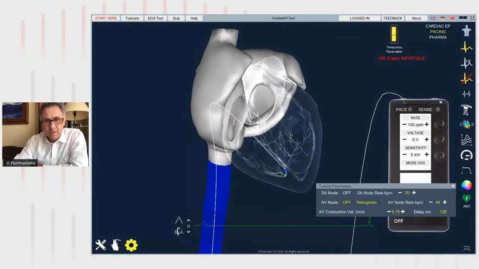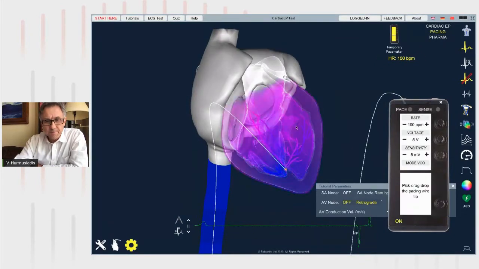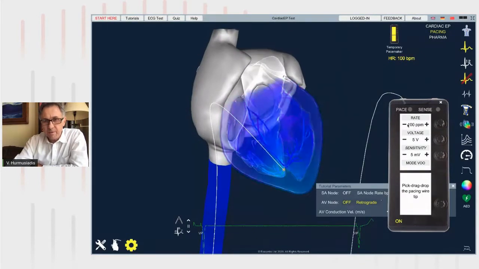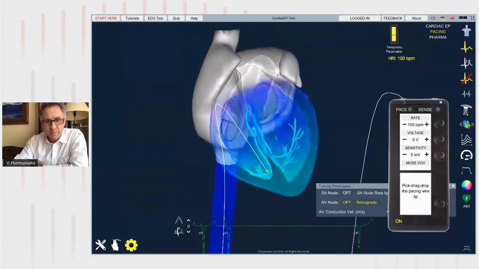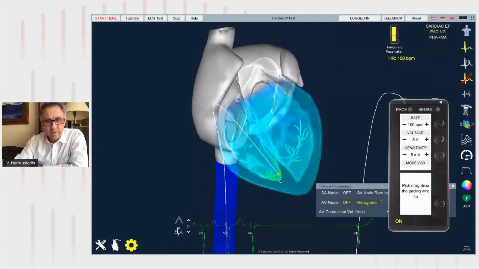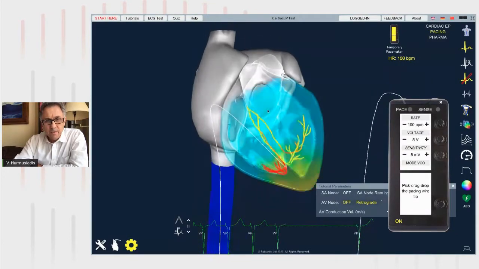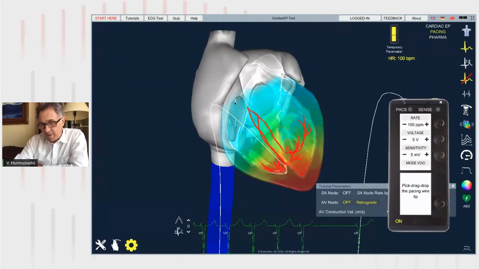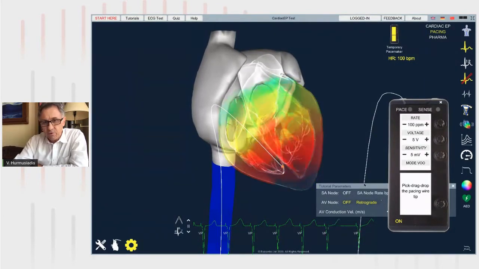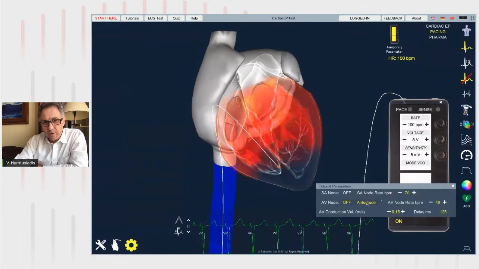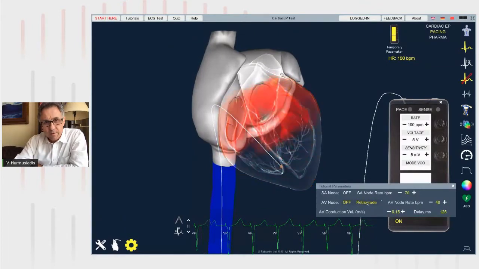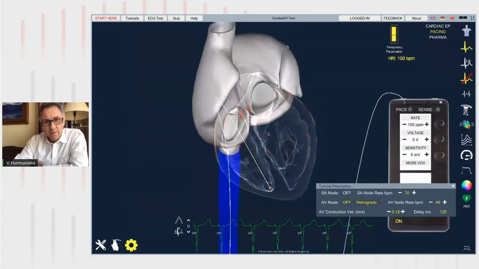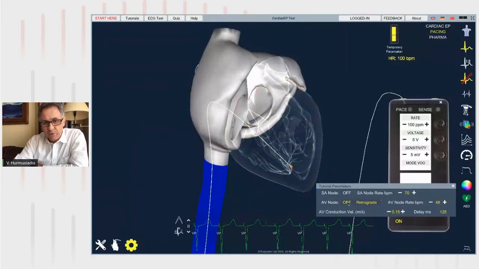Nothing. Now let's switch on the pacer. Now we're getting a pacing signal at 100 beats per minute from the apex. Now we see that this does not advance into the atria because we have to switch on our AV node retrograde.